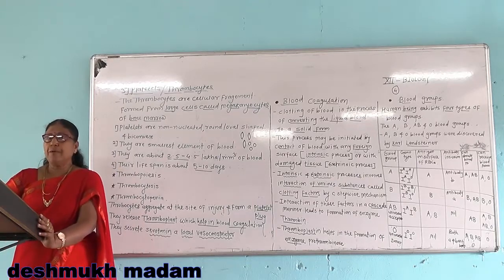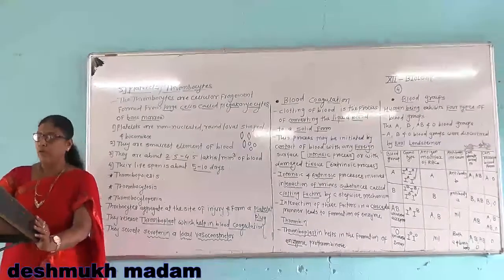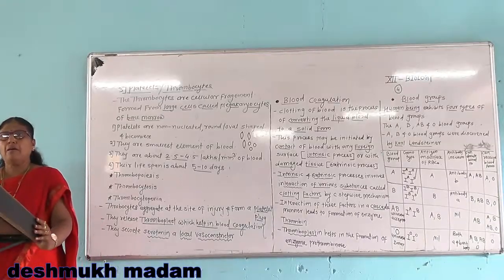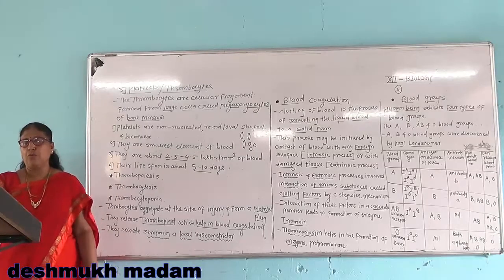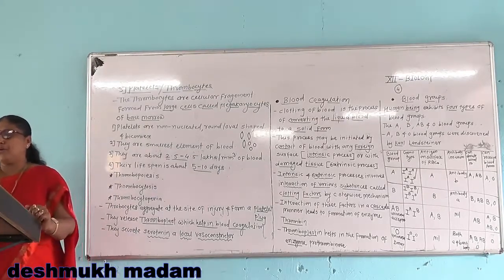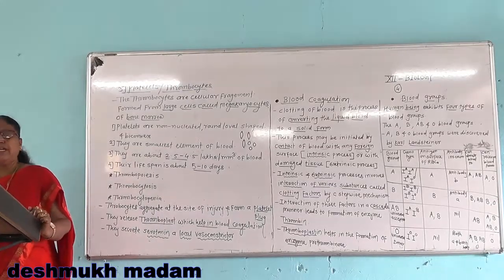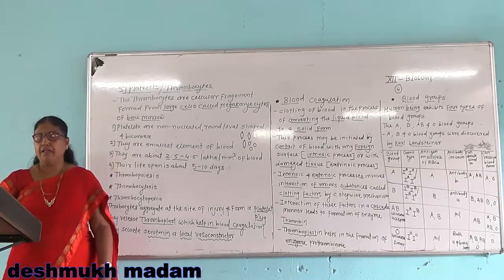Then the next step, thrombin converts the soluble blood protein fibrinogen into insoluble fibrin.